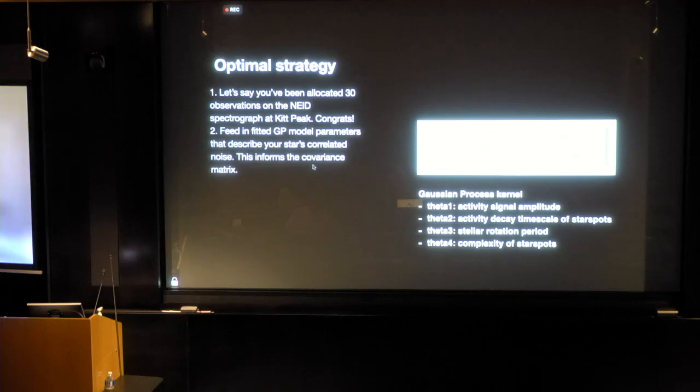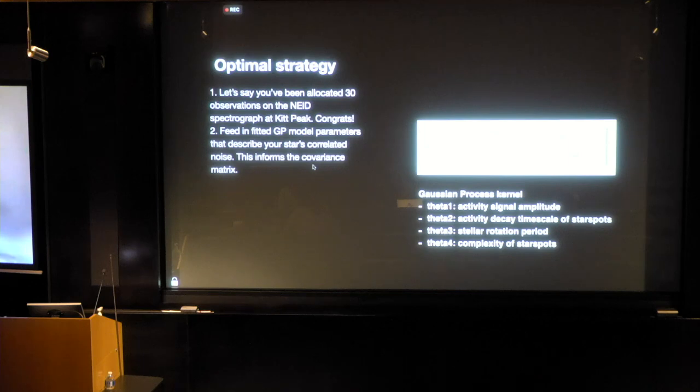And so the main ingredients here are your activity signal amplitude, your activity decay time scale. So how long-lived are your star spots? Your stellar rotation period. So how often does your star spot come back around?